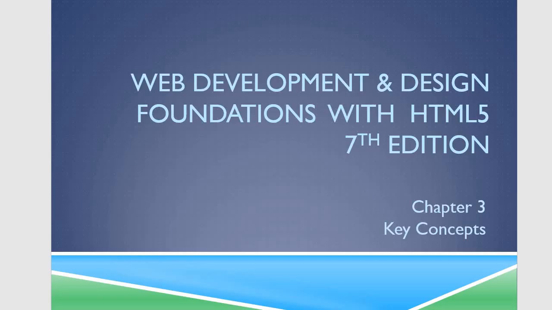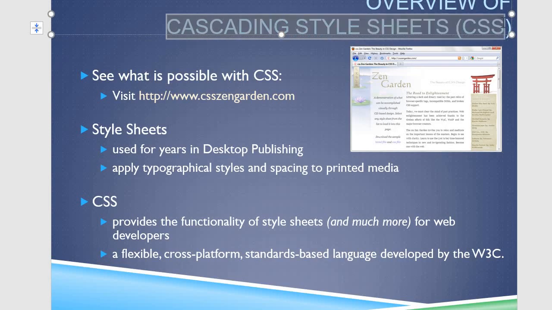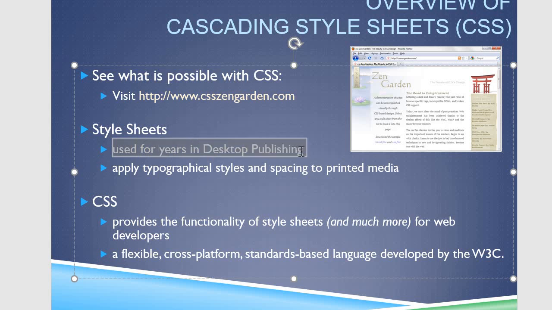So now chapter number 3 is all about cascading style sheets, CSS. In this first slide, you can see: used for years in desktop publishing. What is that? Style sheets. Apply typographical styles and spacing to printed media. What is that? Style sheet.